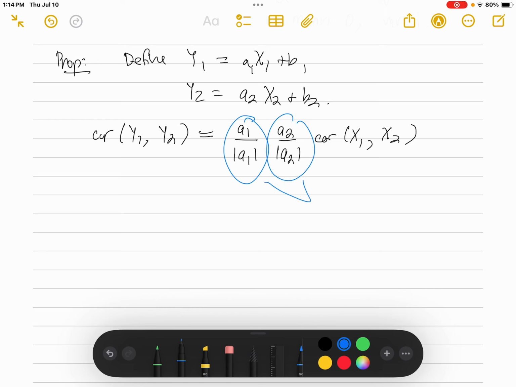They're going to have values 1 or negative 1, depending on whether a1 or a2 is positive, and we're assuming that a1 and a2, of course, are not 0. So the correlation of y1 and y2 is either the correlation of x1 and x2, or it's negative the correlation of x1 and x2. Okay, let's prove this.